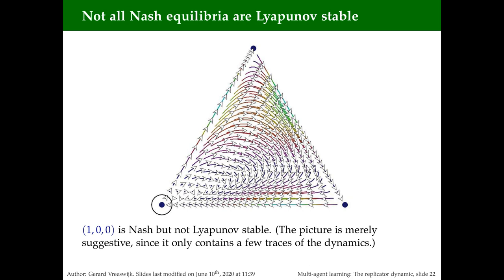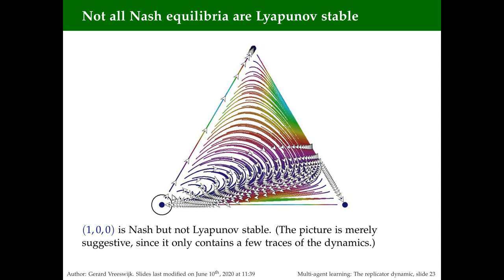It doesn't hold the other way around. So although all stable points are rest points, and all stable points are Nash equilibria, not all Nash equilibria are stable points. And this is an example of a Nash equilibrium that's not stable. We see here better what's going on.